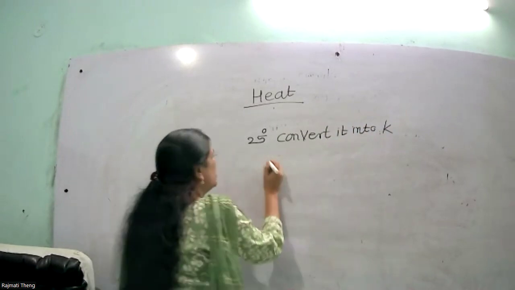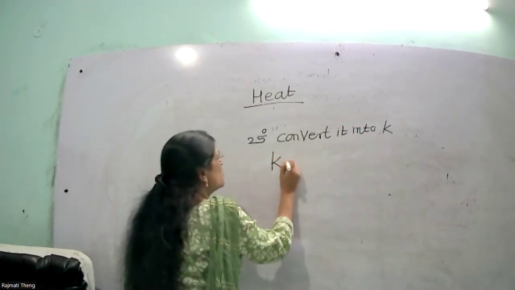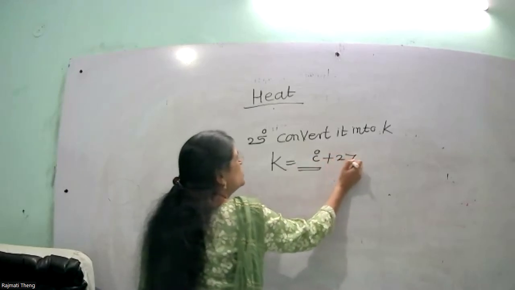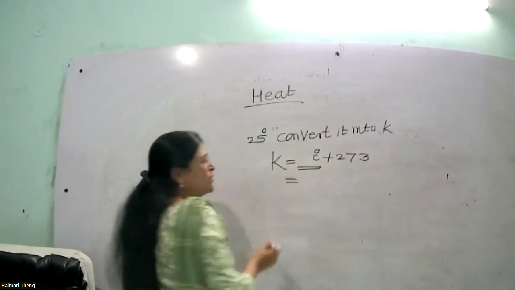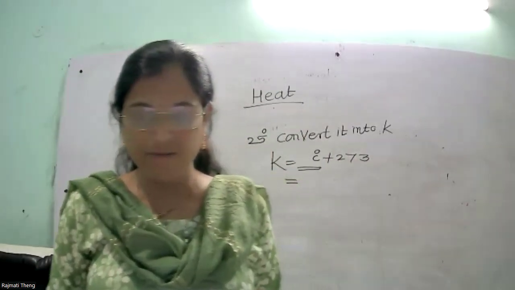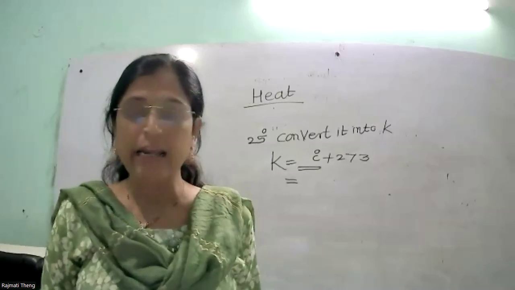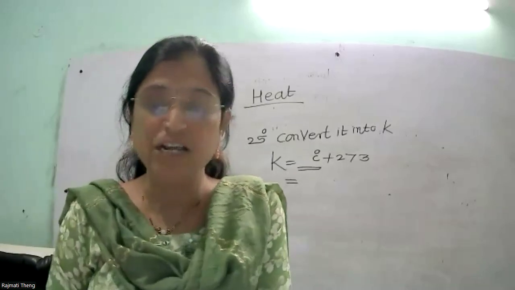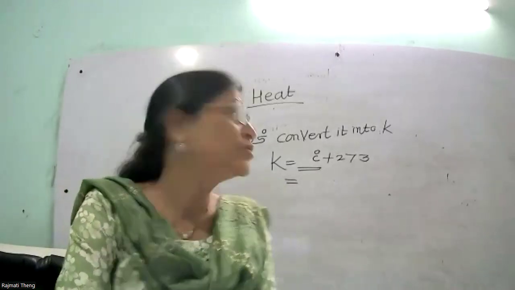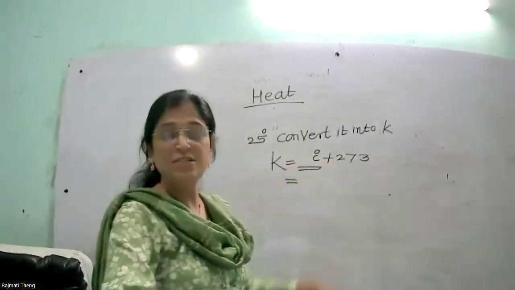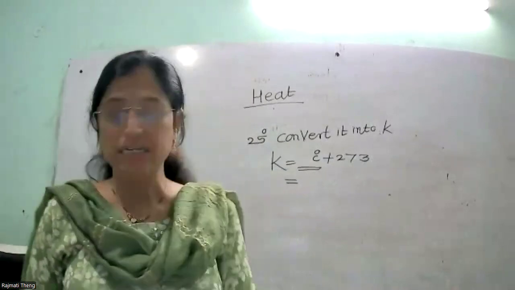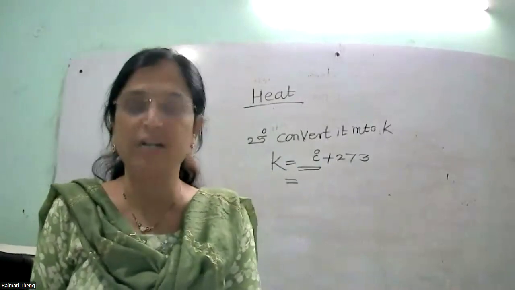So any temperature in degree Celsius plus 273 हमें जो टेम्परेचर मिलेगा वो केल्विन में रहेगा. सो यहाँ पे 25 प्लस 273. ओके, केल्विन equals डिग्री सेल्सियस प्लस 273.